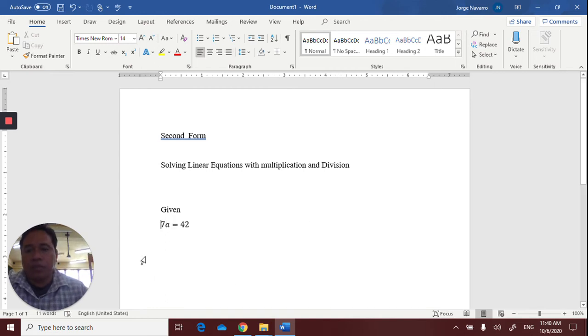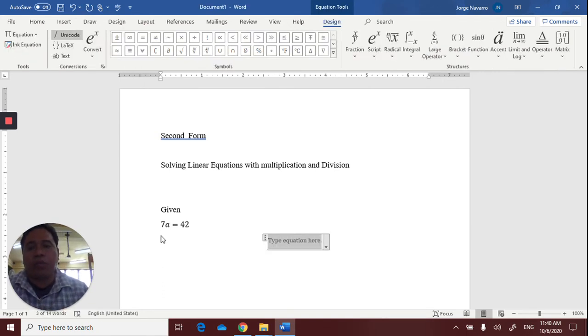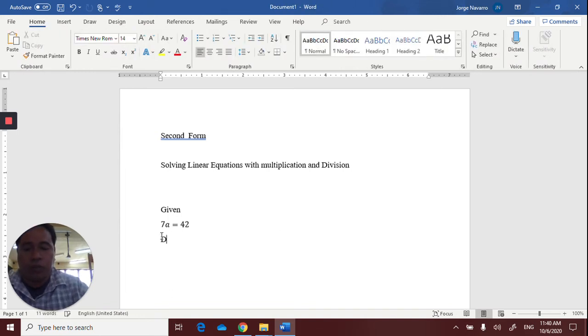So we have 7 times a is equal to 42, but we want to know the value of a. To do that, we're going to have to divide both sides by 7.